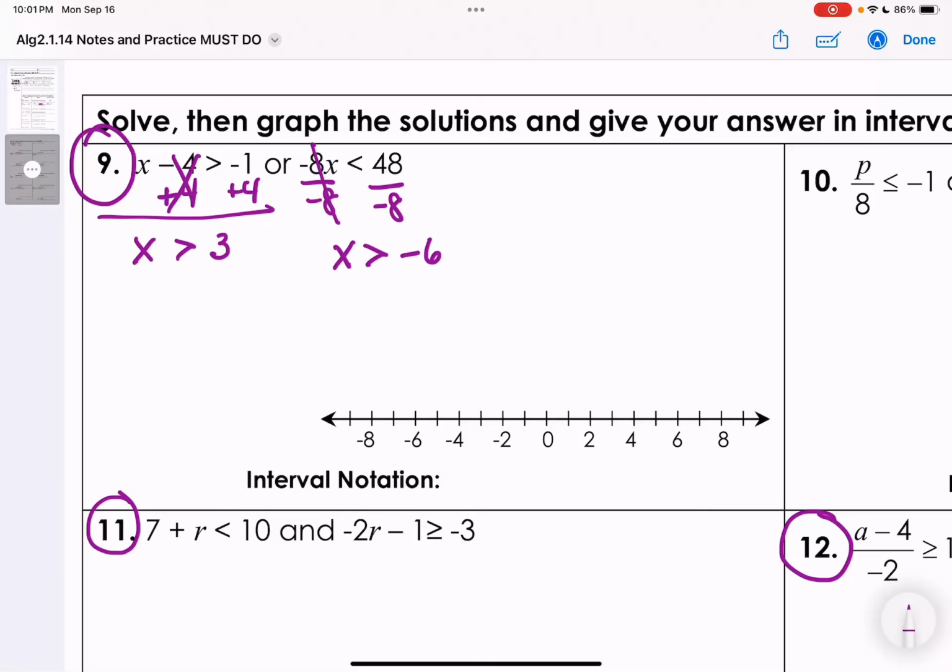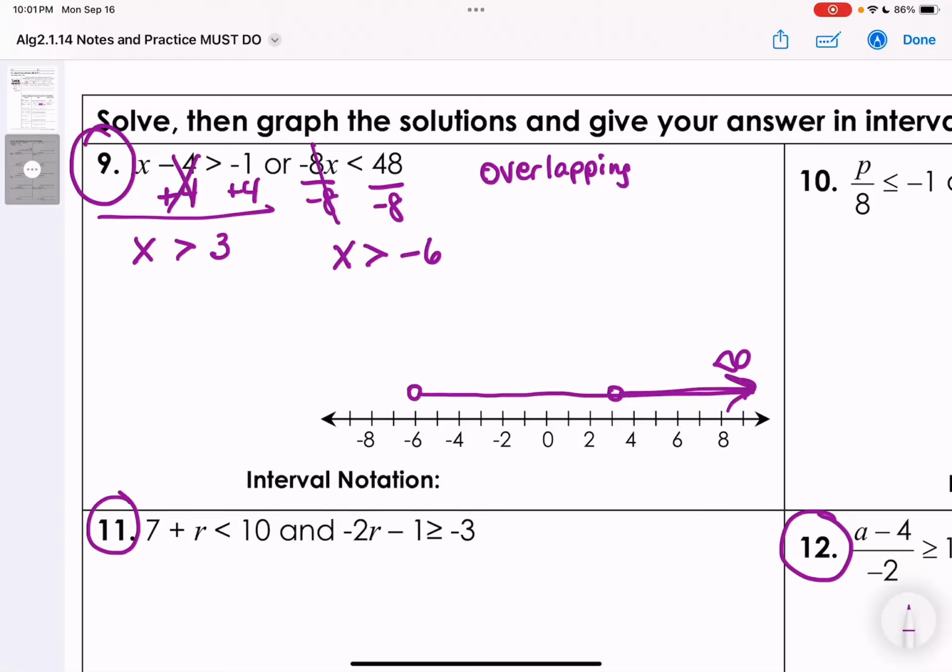So in this case, this is what we would call an overlapping solution. If I were just to graph those, x greater than 3, that'd be here, over to infinity, right? And x greater than -6 is here, and it overlaps that part.